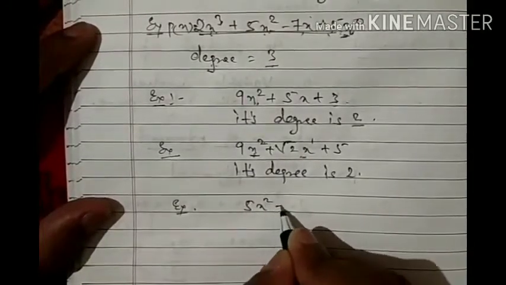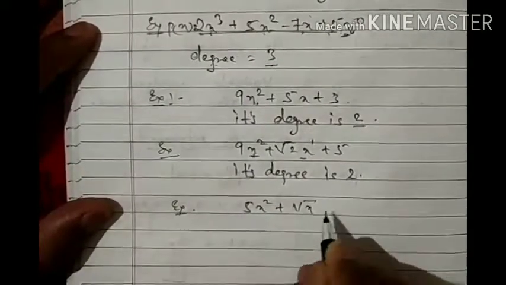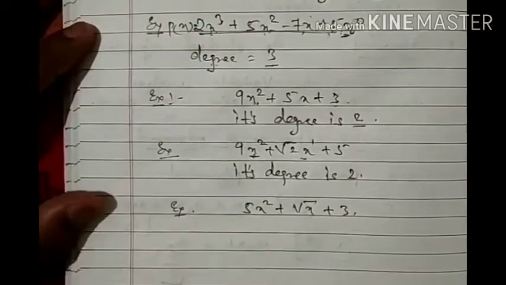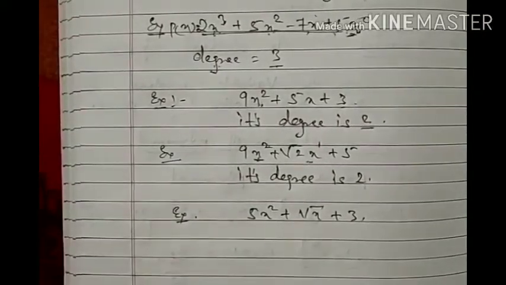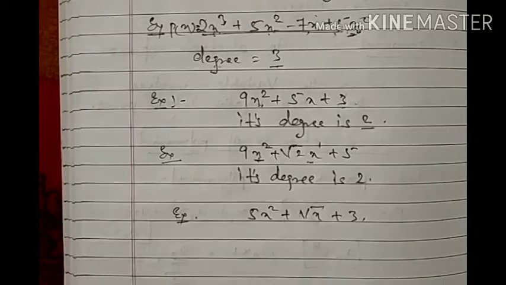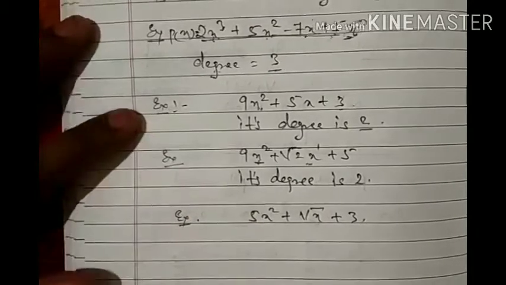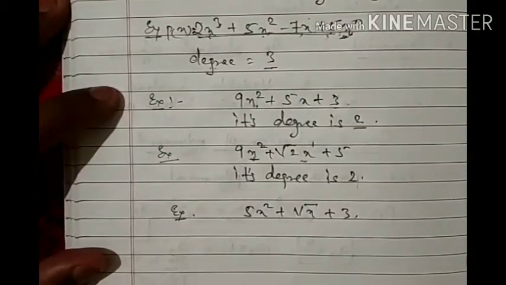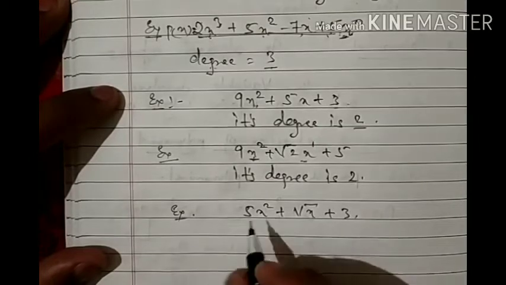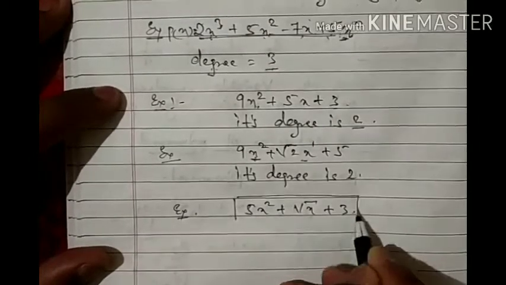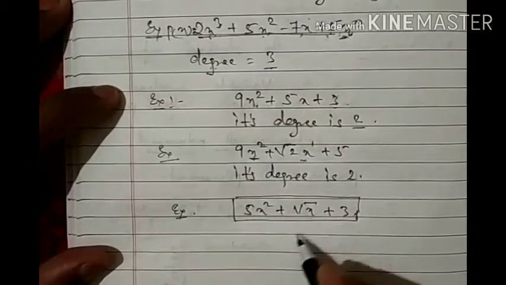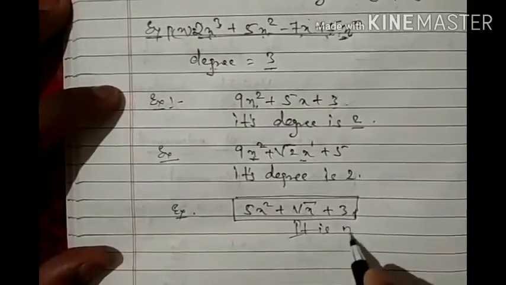Let's take one more example. 5x square plus root x plus 3. What will be its degree? First of all, it is not a polynomial.